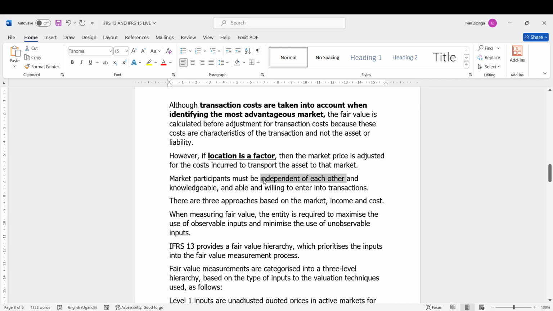No one should influence the other to sell or to buy the asset. That's why, when it comes to IAS 24, there is what we call arm's length transactions.